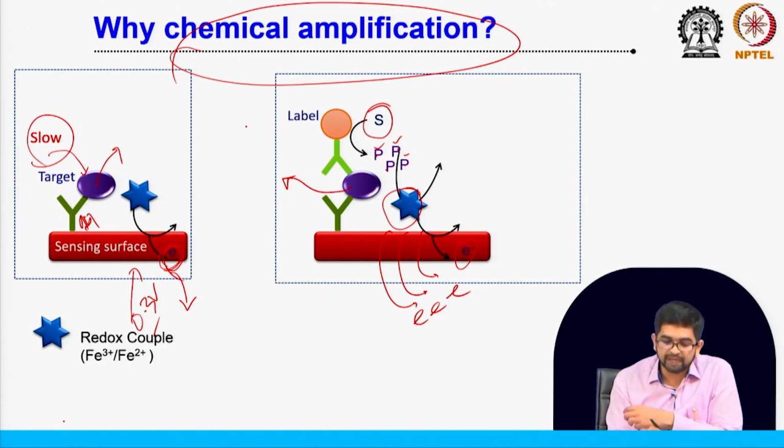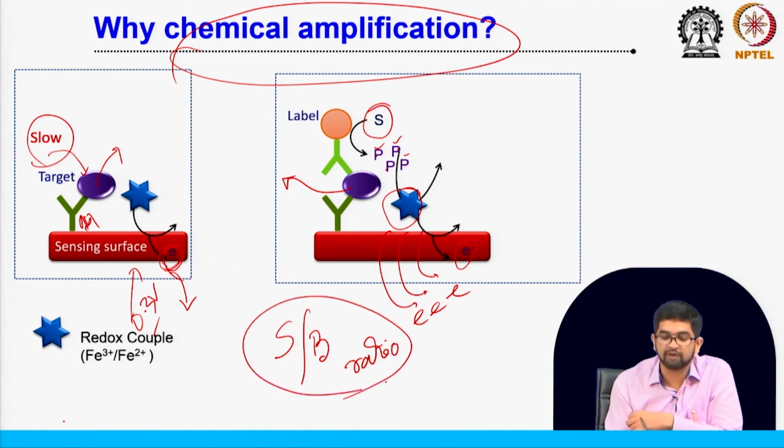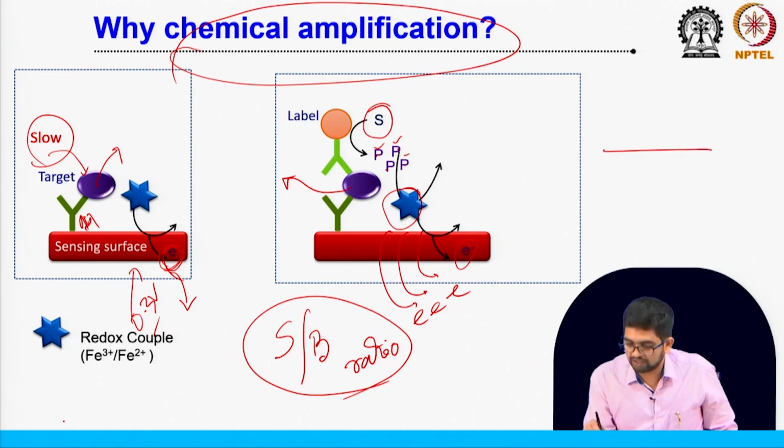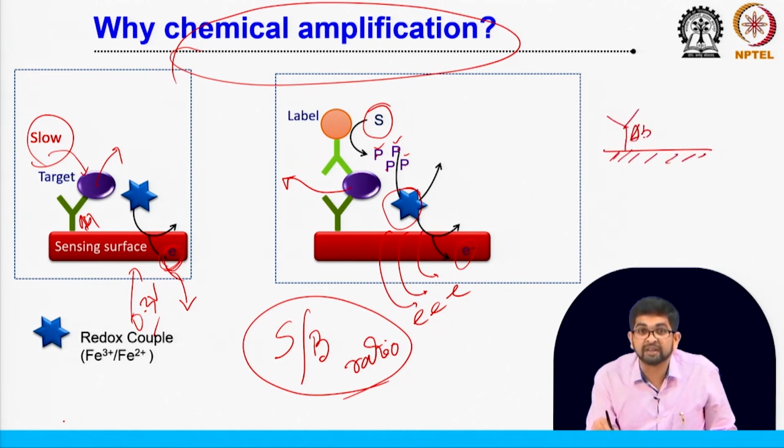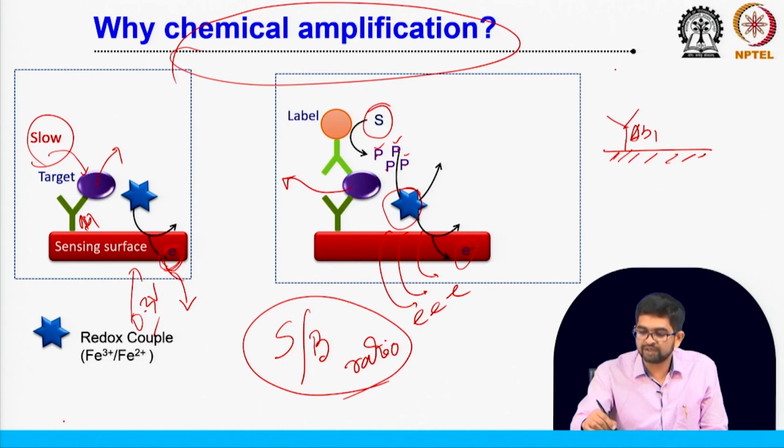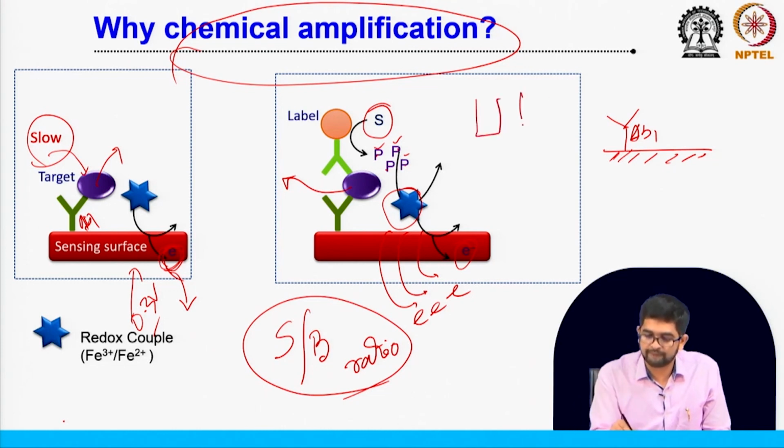So, we are basically amplifying the signal to background ratio. I will come to this topic. What is signal to background? See, this is your sensor surface, you have the primary antibody. This is your sensor surface ready to detect. Now, suppose you have two sample solutions.